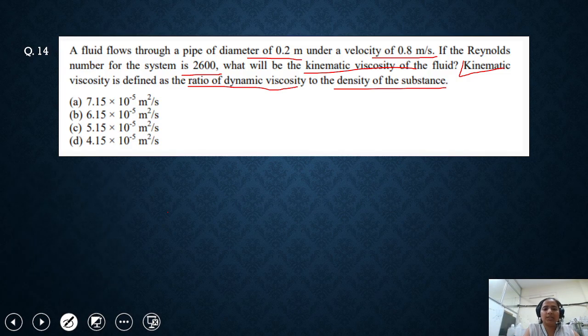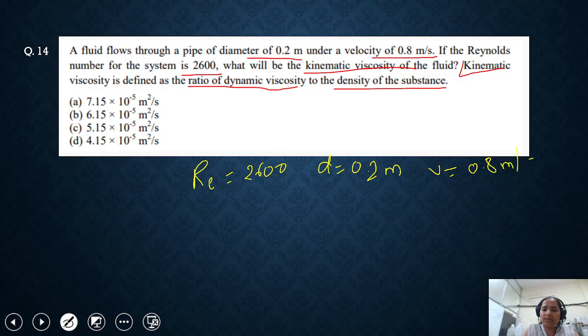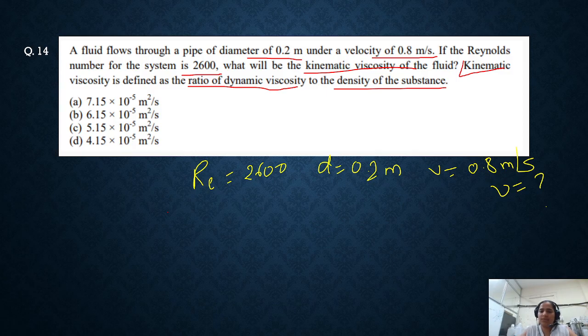So what they have given: Re, Reynolds number, is 2600, the diameter of the pipe is 0.2 meter, and velocity v is 0.8 meter per second. And what they are asking, the kinematic viscosity, is usually represented with mu.